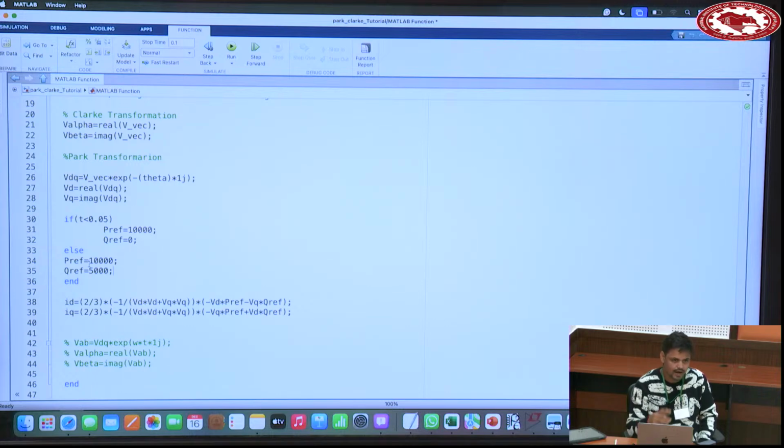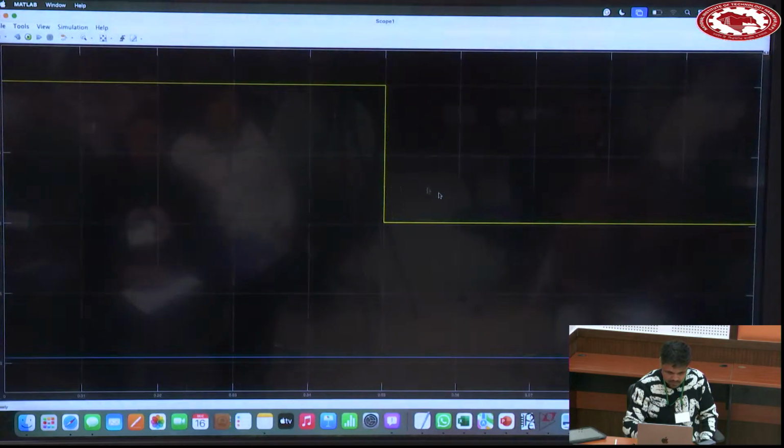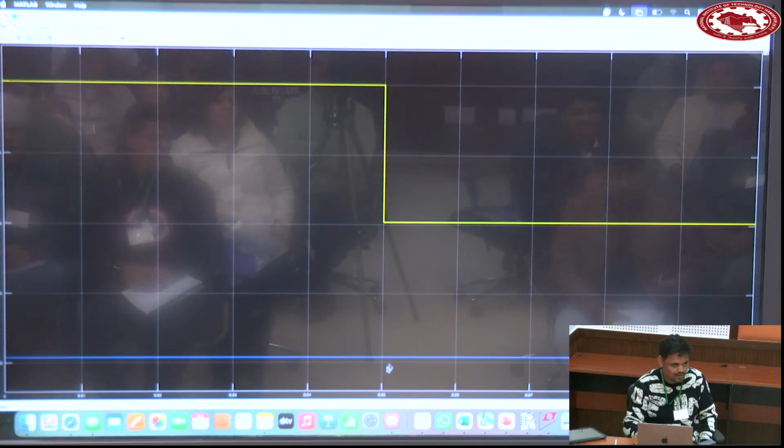So ideally there is no change in P, there is only change in Q. If it is proper decoupling, because you have aligned such a way that one component is 0, Vd in this case, that's why there is no change seen when reactive power is changing. There is no change in ID. Correct? You can see, the blue one is undisturbed.